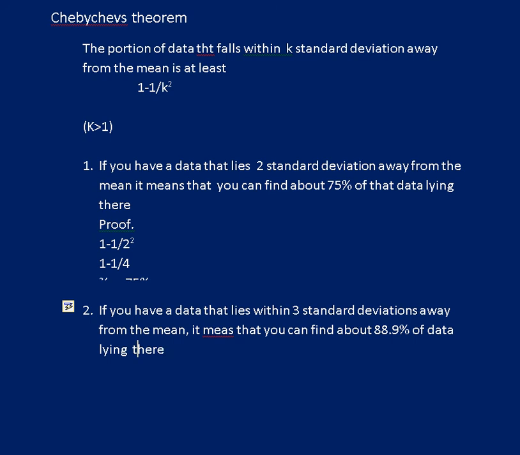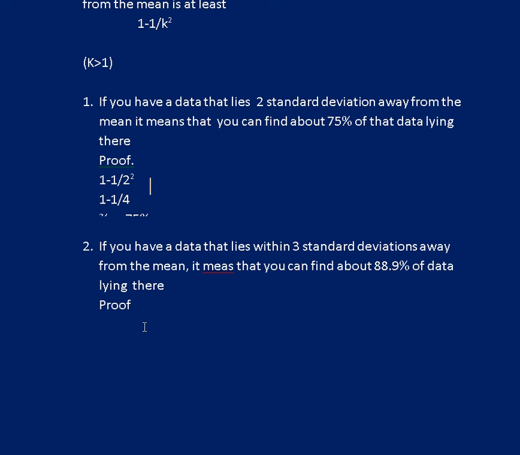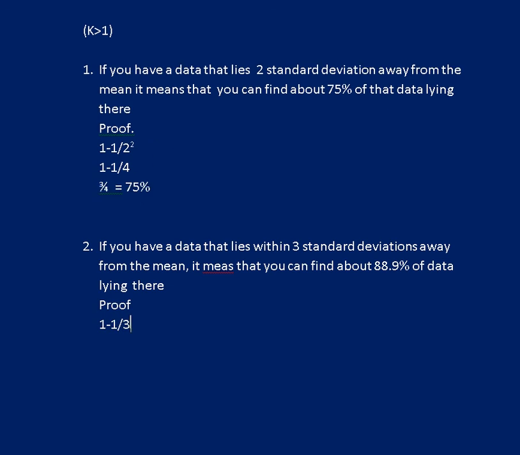How did you do this? Let's prove this point also. The proof is you're going to have 1 minus 1 divided by 3, and you have to square that part, and then you're going to have 1 minus 1 divided by 9, and that gives you 8 divided by 9.